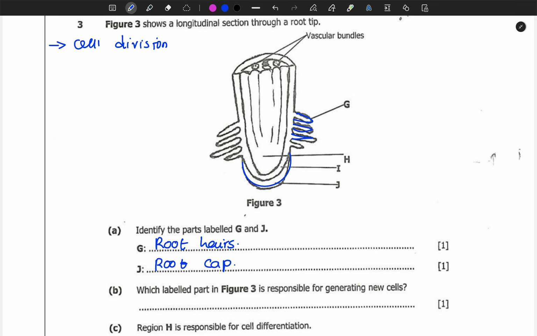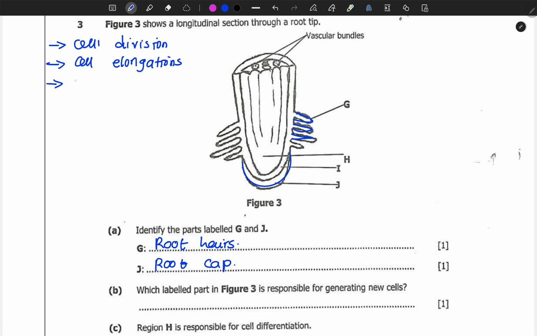So the increase in the number of cells happens with cell division. Then the same cells that undergo cell division should undergo what we call cell elongation. Here at cell elongation, the same cells must grow bigger in size by absorbing water. So cell elongation deals with the increase in size of the cells.